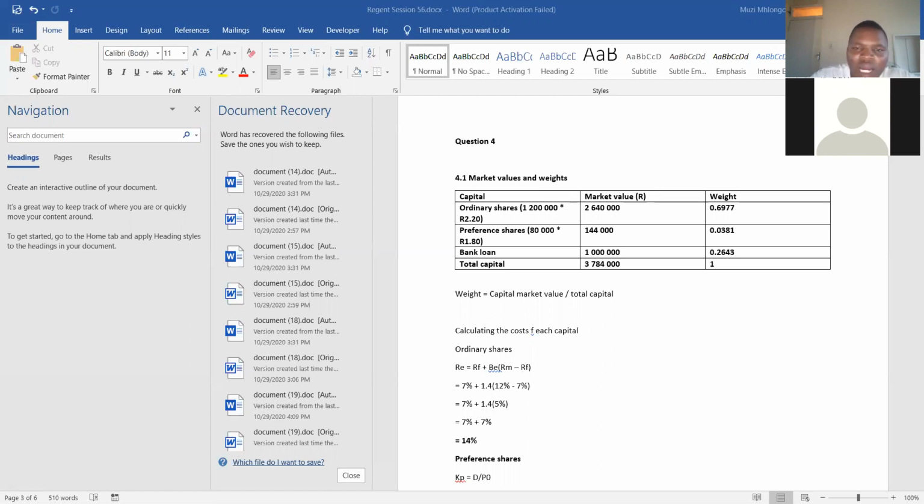Have in mind that you are calculating market values of the shares, so we need to use the current price of a share, which in this case is 220 instead of 2 rand. The 2 rand is the value of the share when it was issued.